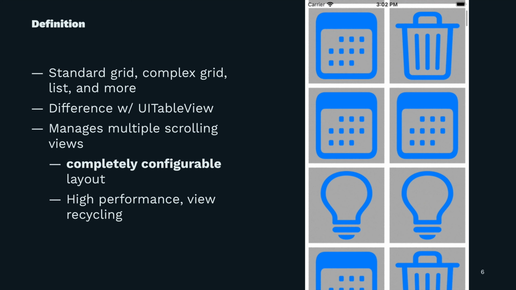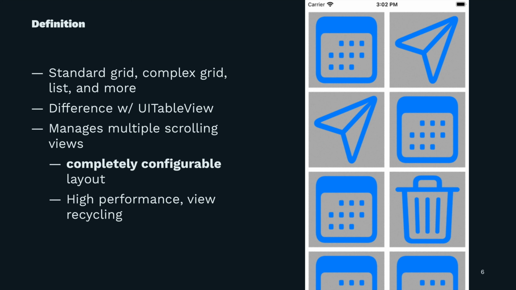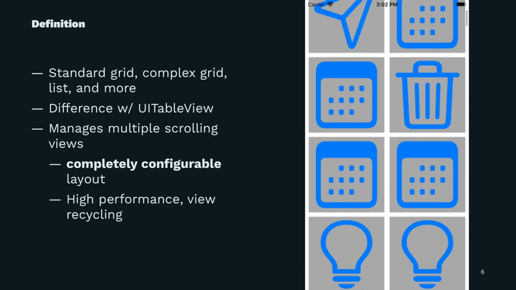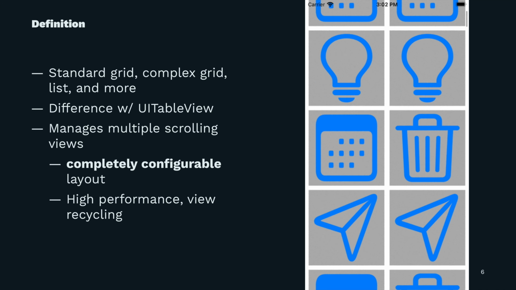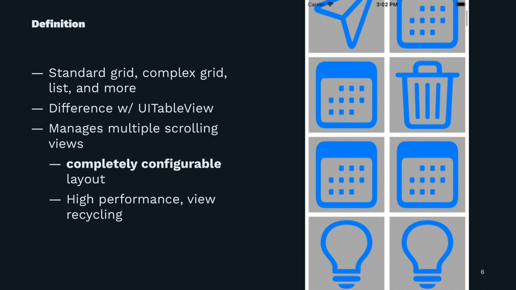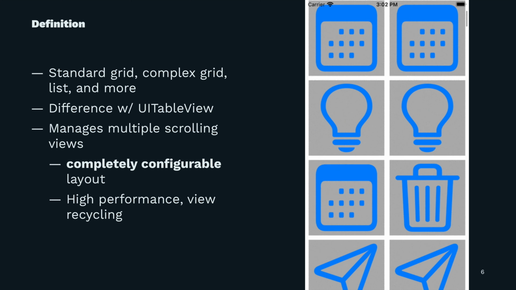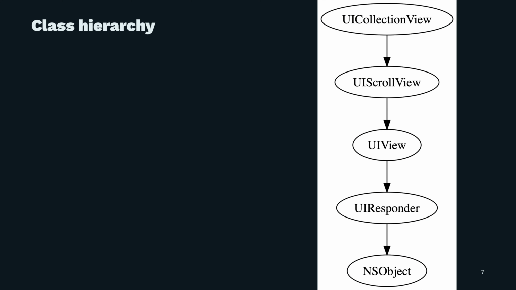As far as differences with UITableView goes, the main one is that there can be multiple cells per row. Also, the layout is completely configurable. Class hierarchy is like this.